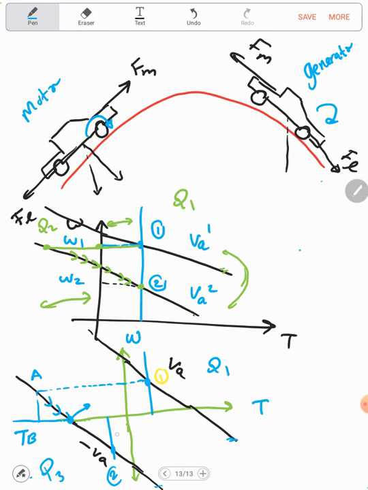If the load is still there, the machine will start to accelerate until we reach omega 2, which equals minus omega 1, if I'm maintaining the same voltage and the same load.